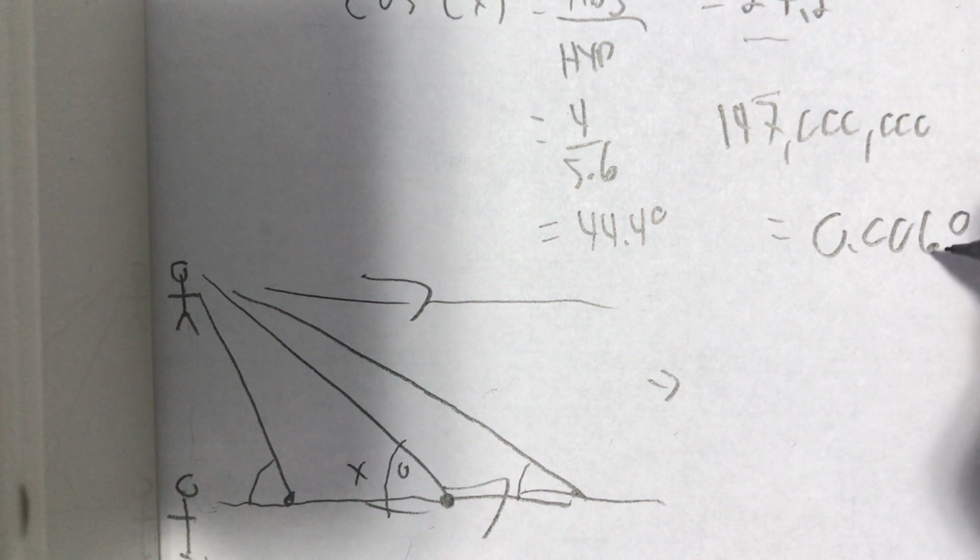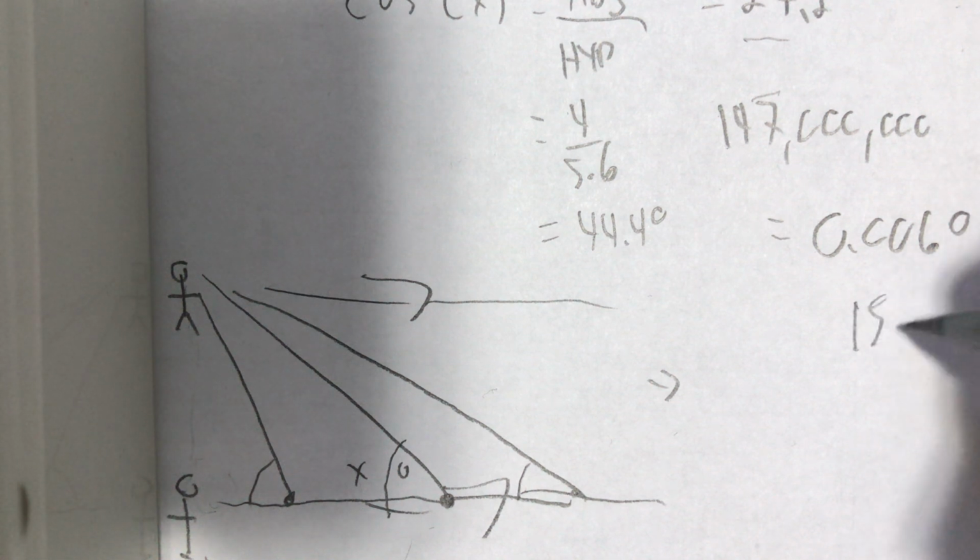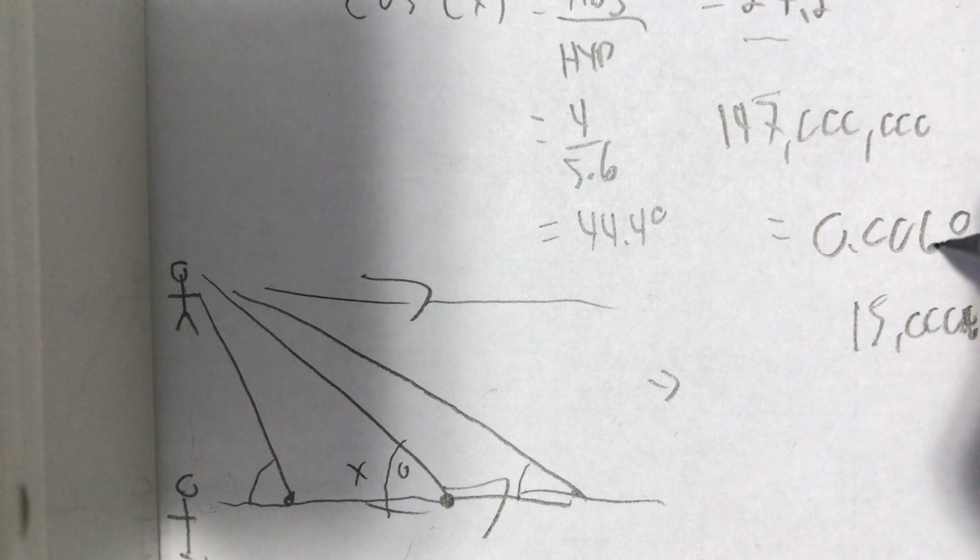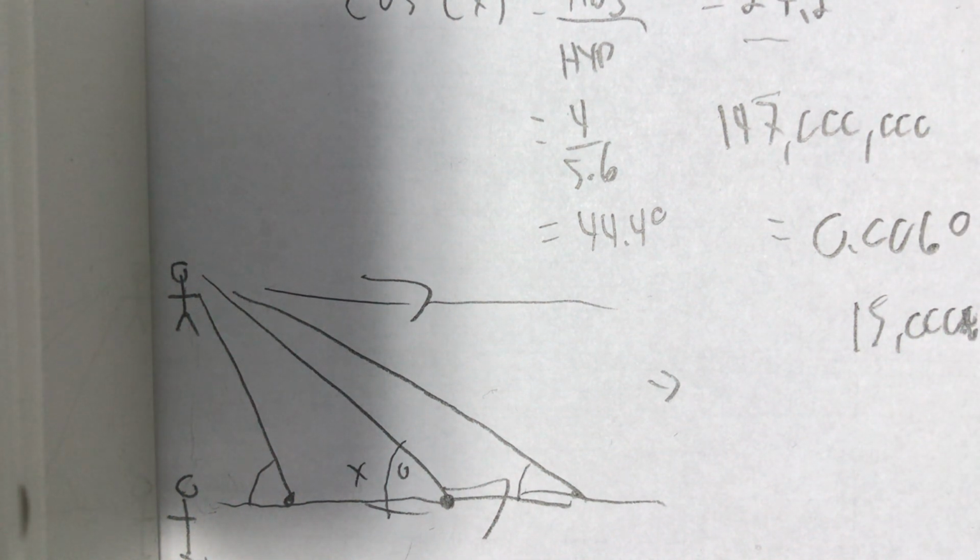And you're like, wait a second, 0.006 degrees, that is a real number. That's going to show up if you can see it. Well, what if I told you that you'd need 15,000 of these to equal 90 degrees. That's how small of an angular change we're talking about.